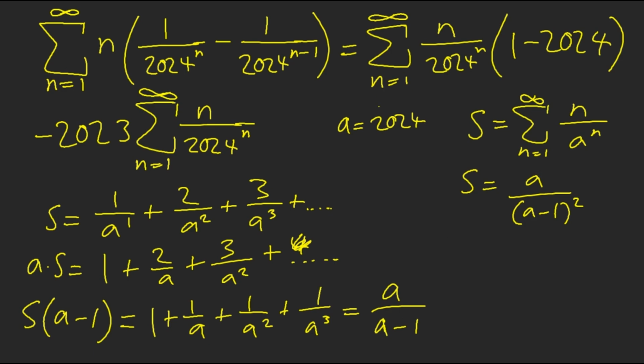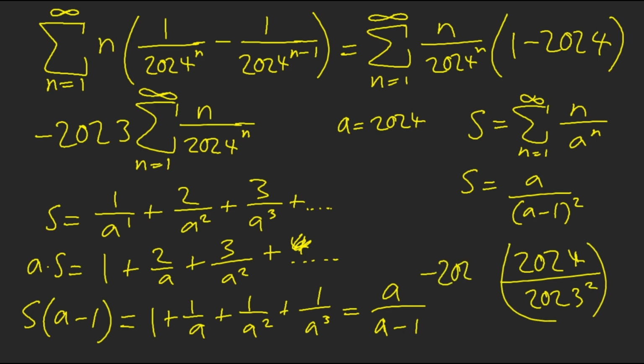So, plugging in a equals 2024, this is going to be 2024 over 2023 squared, times negative 2023. So our answer is going to be negative 2024 over 2023. Okay, so the answer to that whole integral is literally negative 2024 over 2023.